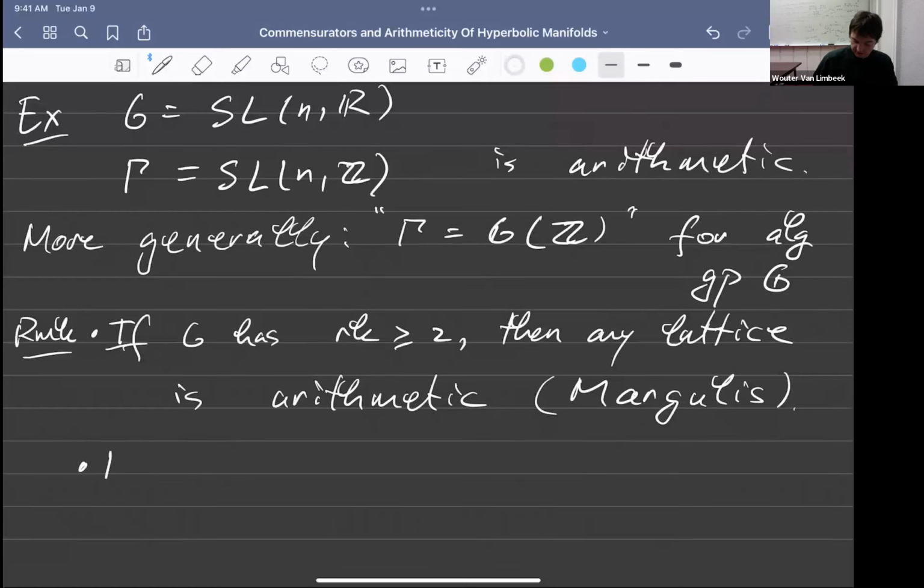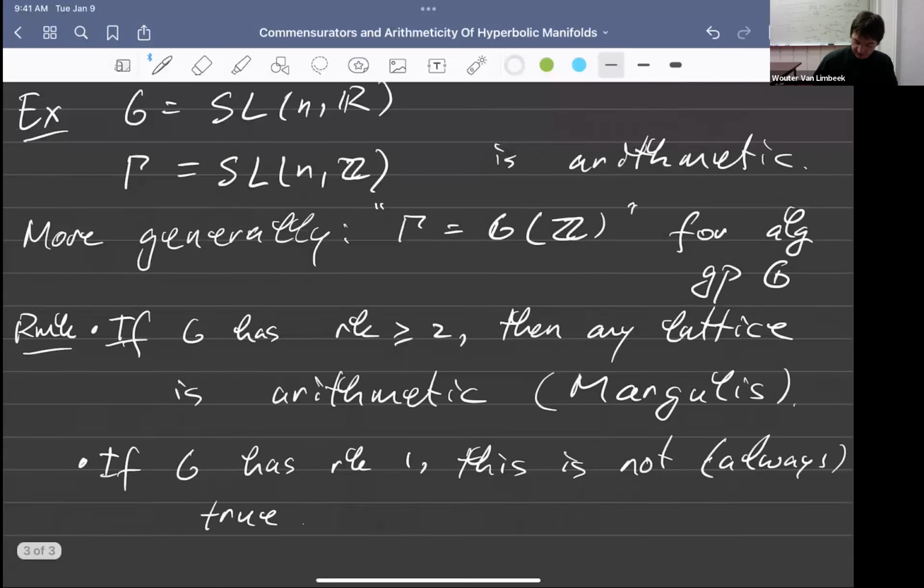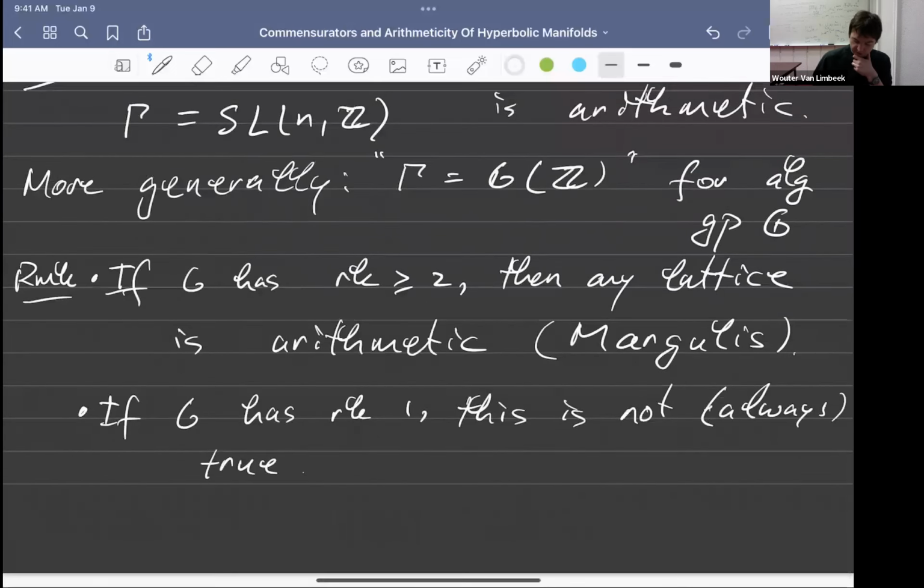But if G has rank 1, this is not always true. And in particular, we will just be interested in G is isometries of hyperbolic space. So that's a rank 1 group. So in particular.